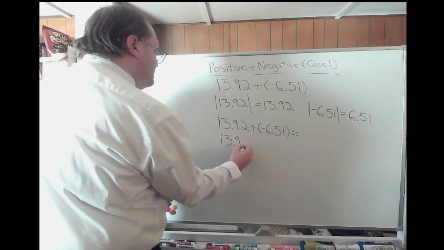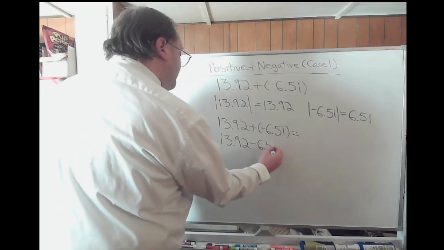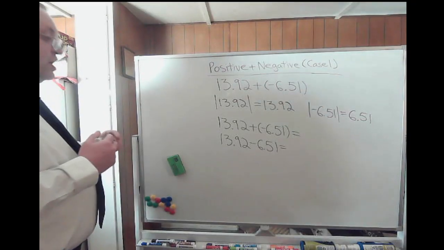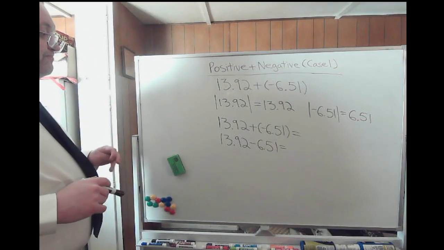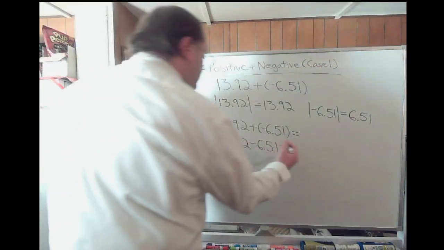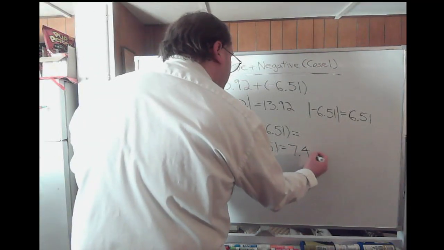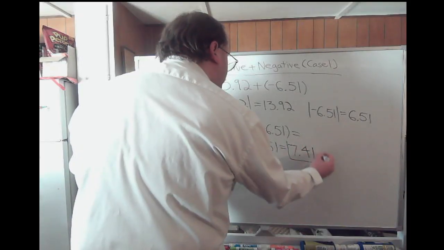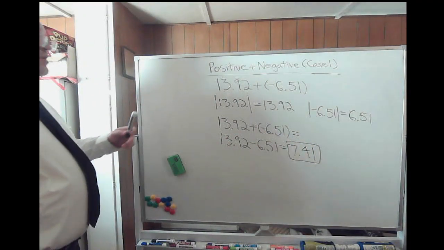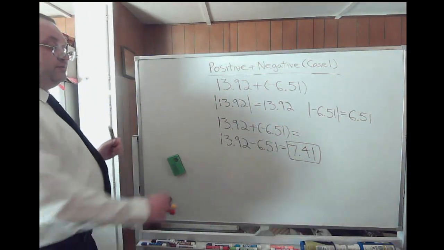So that would be the same as 13.92 minus 6.51. So what you got here is a simple subtraction problem. The answer to that would be 7.41. So you would get positive 7.41 for your answer to 13.92 plus negative 6.51.